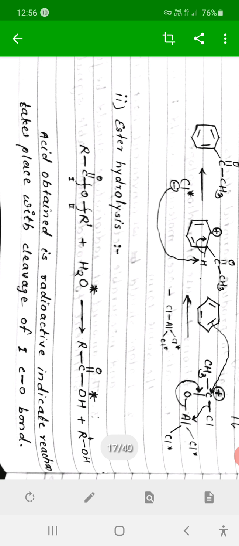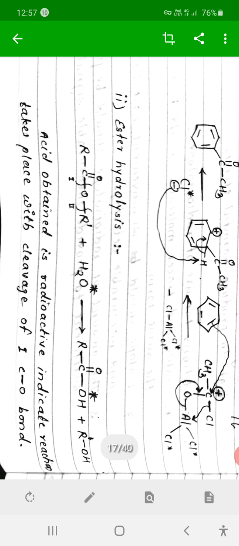This is the question, and if we get the answer to this question with certain proof, then we can write the mechanism or pathway of this reaction.